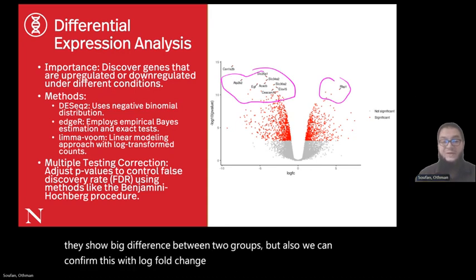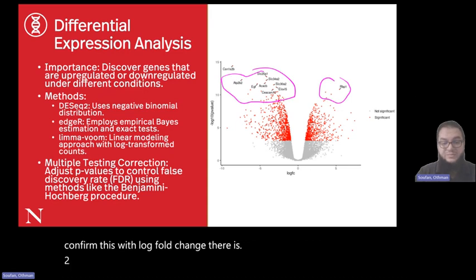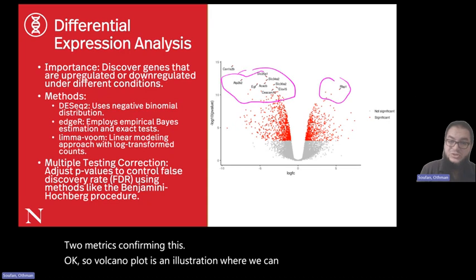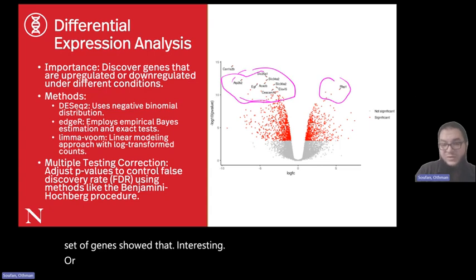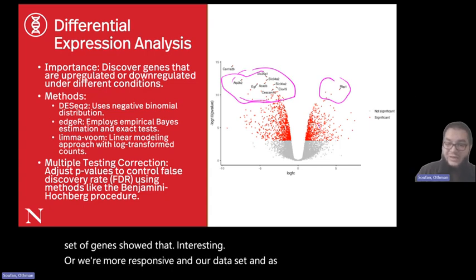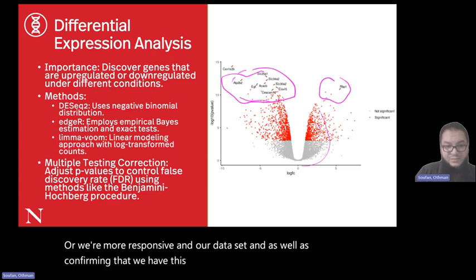There are two metrics confirming this. So the volcano plot is an illustration where we can visualize which set of genes were more responsive in our data set, as well as confirming that we have this behavior of the data set.